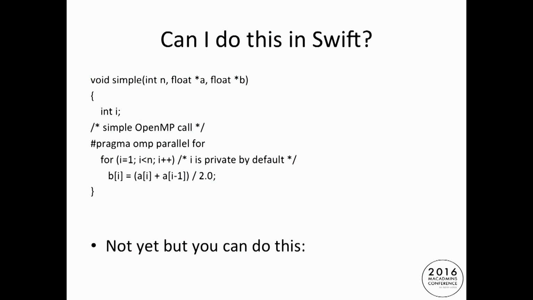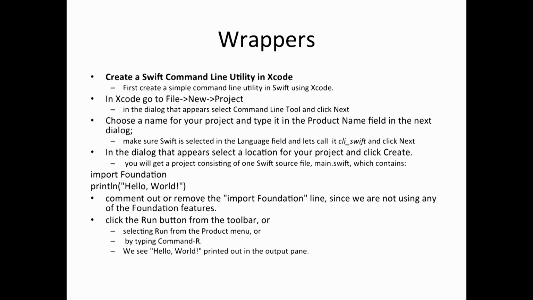So as a statement, as I put below, not yet, but you can do this. Wrappers. Anybody here wrote any wrappers in Swift to wrap code? Wrappers are basically used as that you do all the heavy lifting outside of Swift, bring in the results, and you could use that. That's the same thing as doing a hybrid program where you've got Fortran and C++.